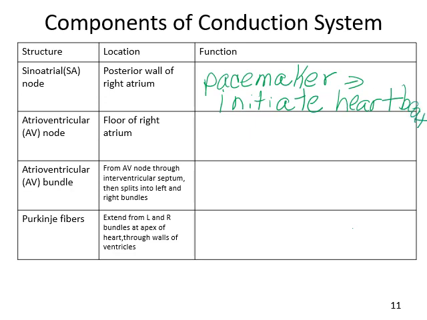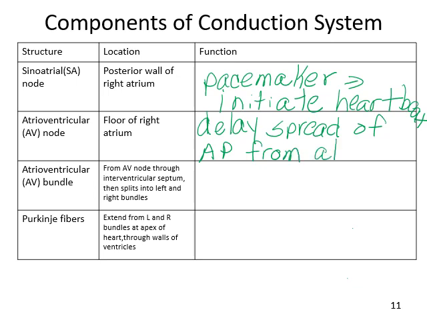The AV node then is on the floor of the right atrium, so it's right between the right atrium and the right ventricle. The AV node is small and it transmits things very slowly. So what it's going to do is delay the spread of our action potential from the atria to the ventricles, because we do not want the atria and the ventricles to both contract at the same time.